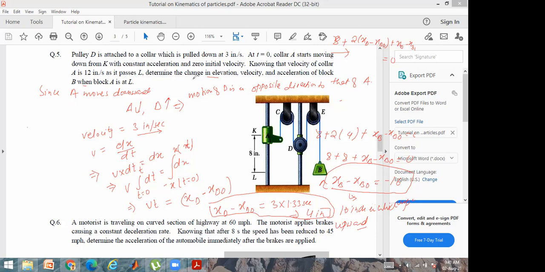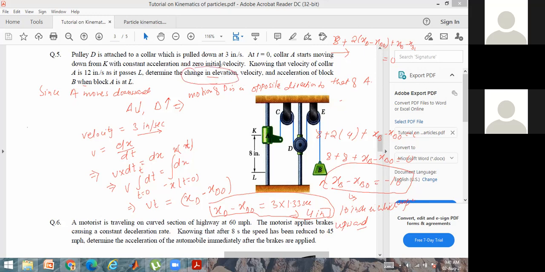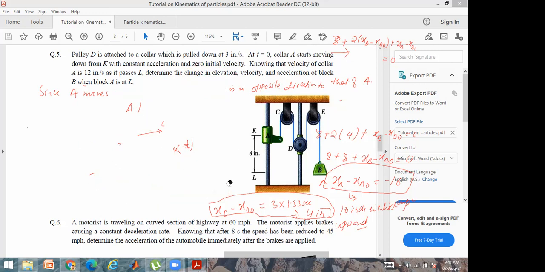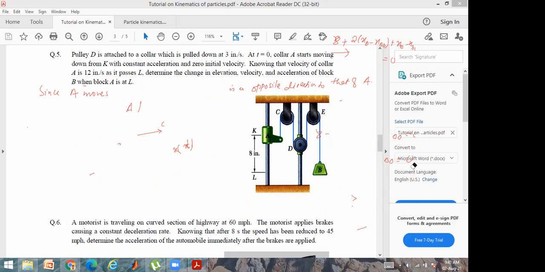Hence, in this way we found the change in elevation. Now let's find the velocity. To find velocity, you differentiate distance with respect to time t.